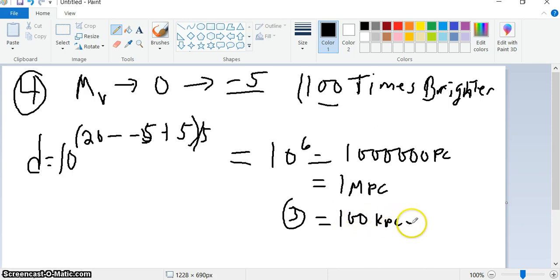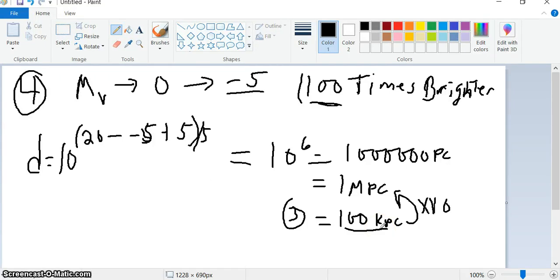So what's happened is by increasing the brightness by a factor of 100, we can see further by a factor of 10, right? Because 10 times 100 kiloparsecs gives us a megaparsec. So that answers the question. It increases the distance scale by a factor of 10.